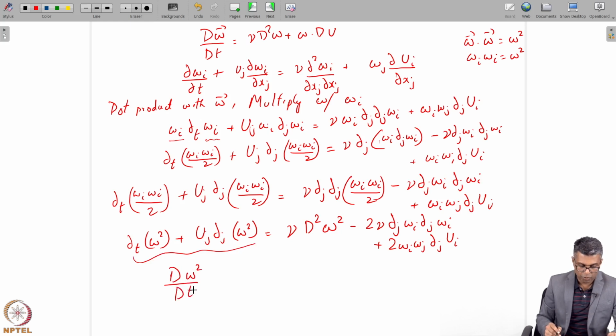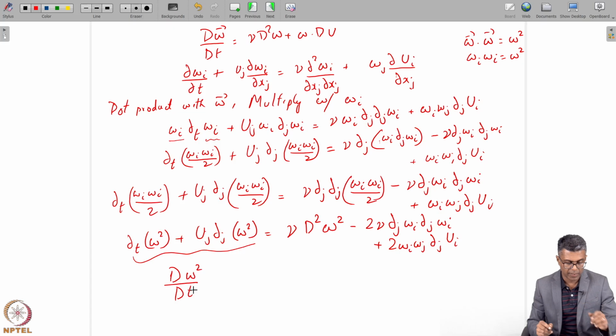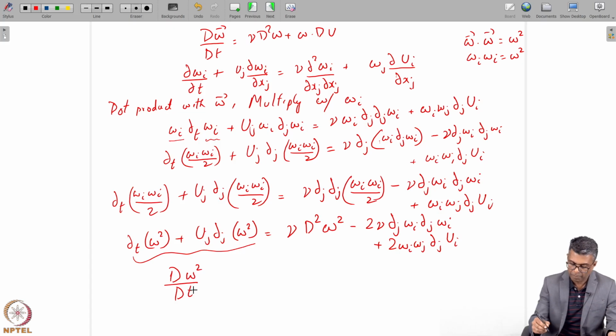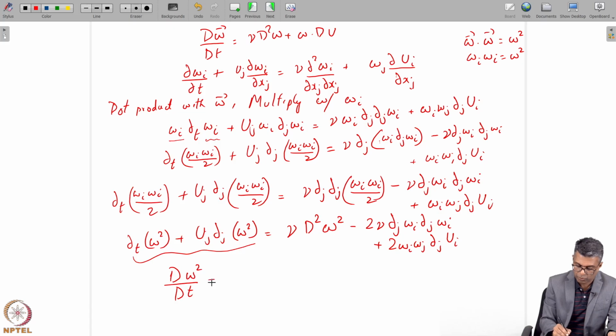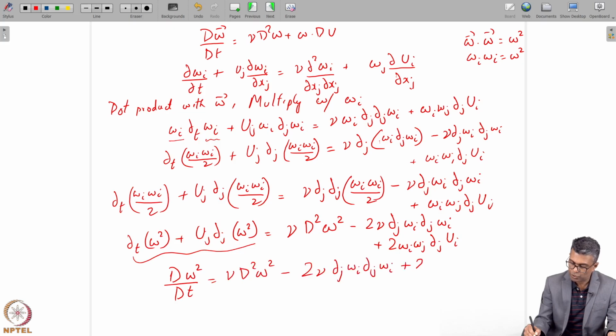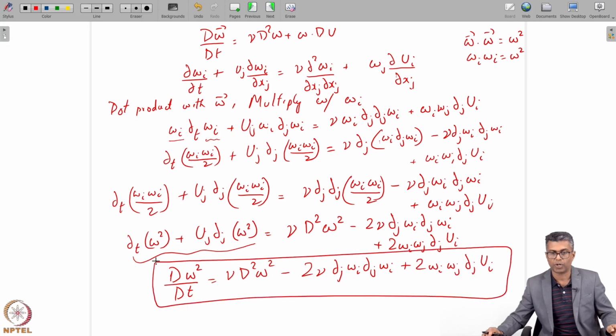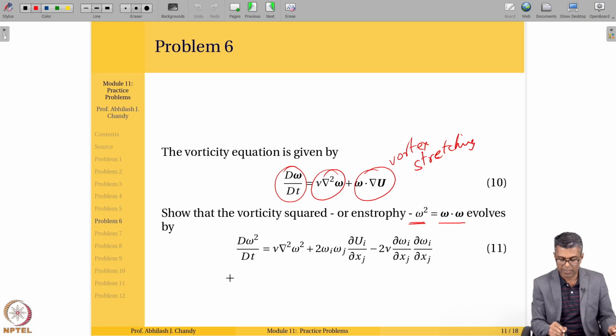That becomes d omega squared dt, and then here what ends up happening is if I multiply by 2, that's when I get nu, so nu del squared omega squared, minus 2 nu del j omega I and del j omega I, plus 2 omega I omega j del j ui. And if you notice, that is the equation I was supposed to prove right here.